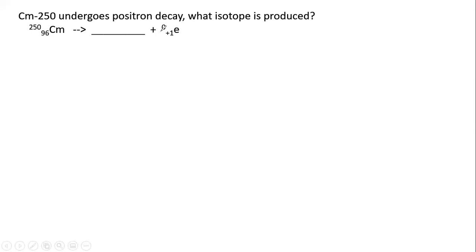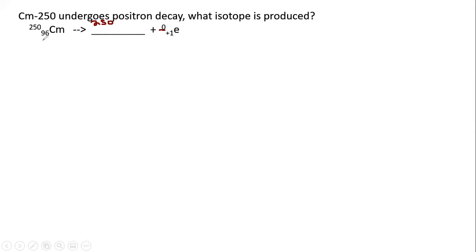So for a positron, it has a mass number of 0. And so that means the mass number of our unidentified isotope should be 250, because again, the mass number is conserved.